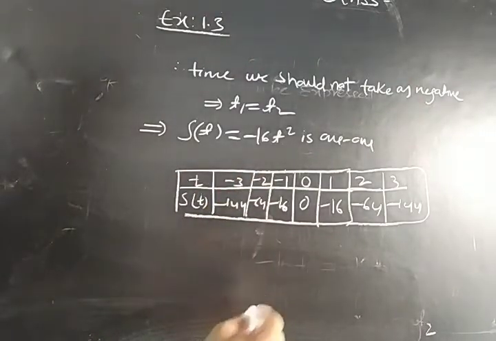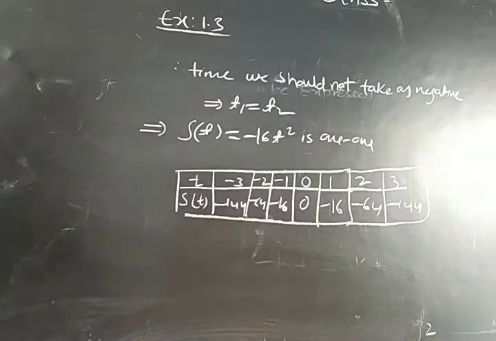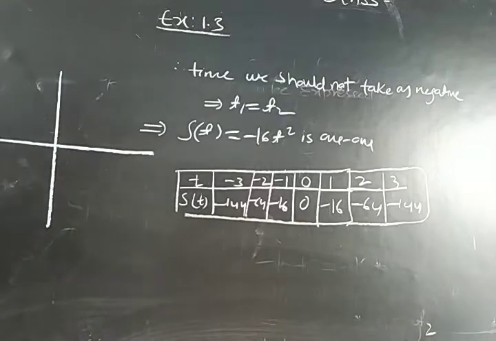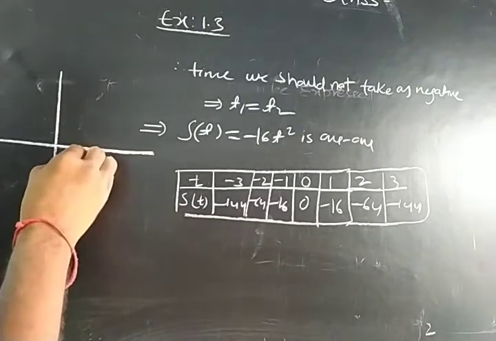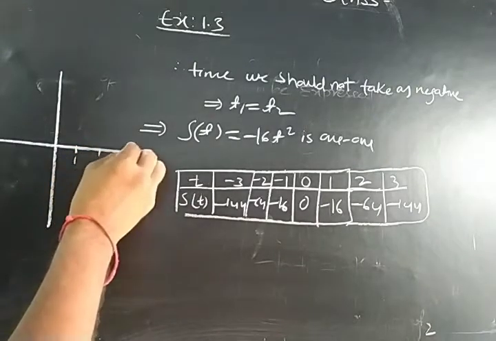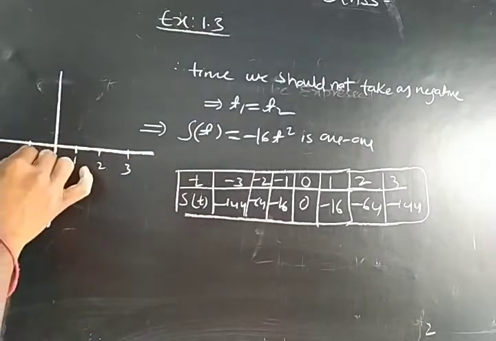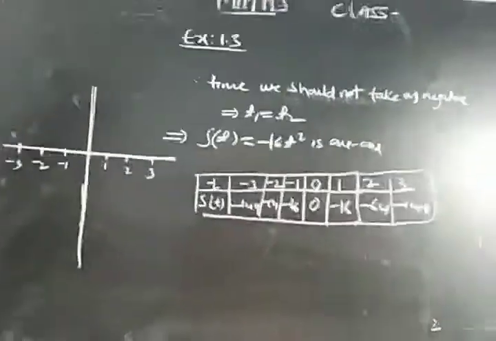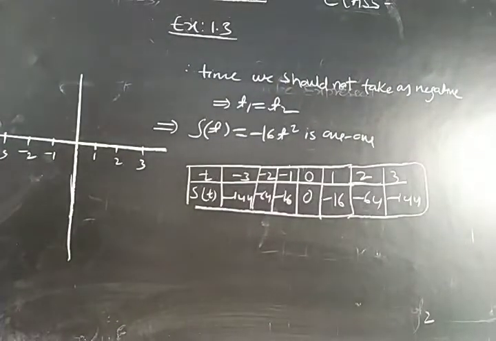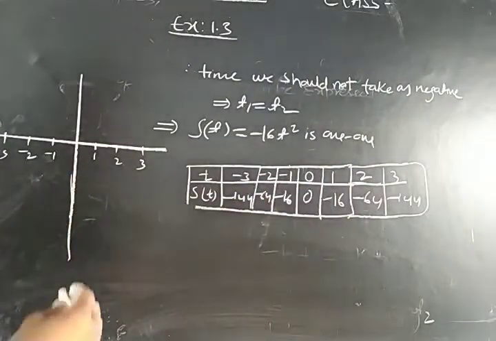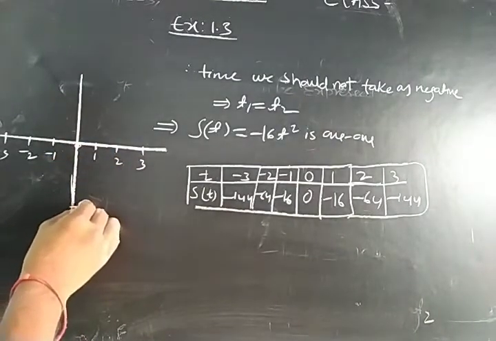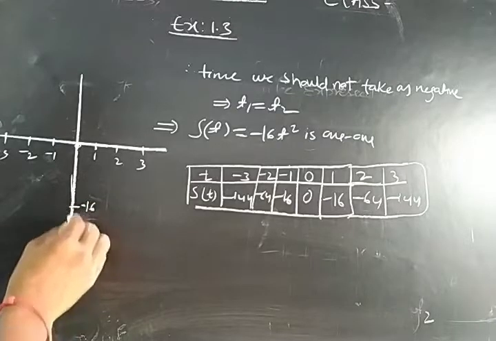Right, now I am going to draw the graph. Suppose I am taking the x-axis and y-axis here. This is 1, 2, 3, the t values, and minus 1, minus 2, minus 3. For 1, what did we get? Minus 16. At 0 it is 0. For minus 1, I am taking minus 16 here on the negative y-axis.